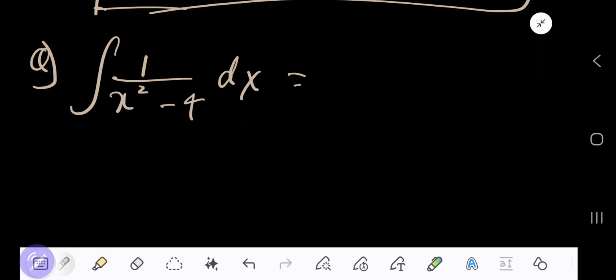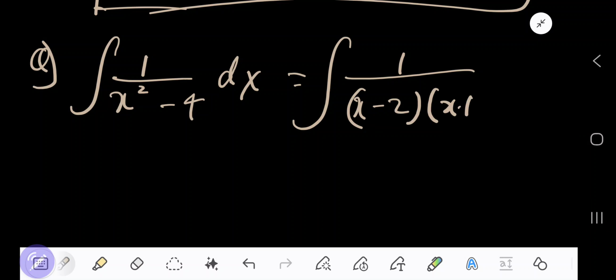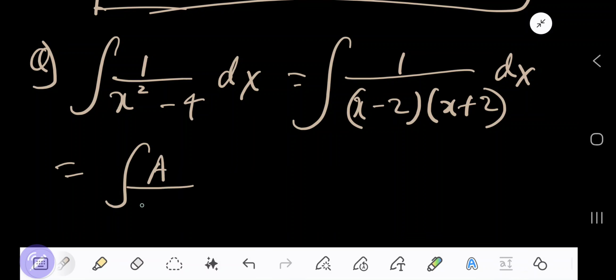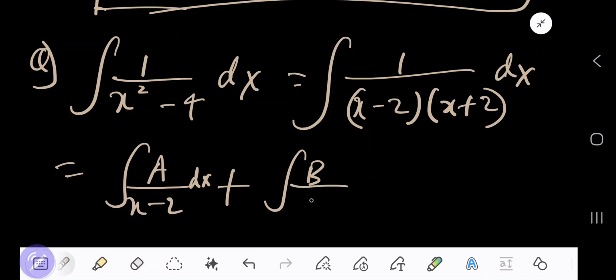Okay, so we can separate the denominators. This is just the difference of squares. This would be x minus 2 times x plus 2 dx. Okay, so now if we separate this into two fractions, we'll get a divided by x minus 2 dx plus b divided by x plus 2 dx.